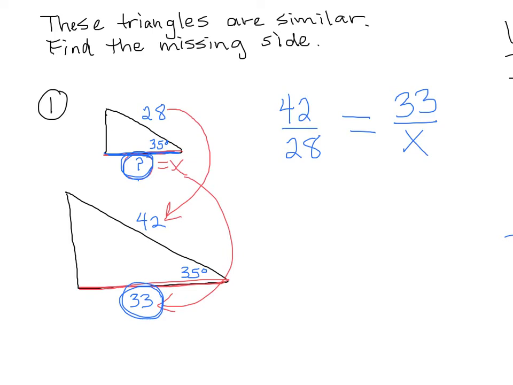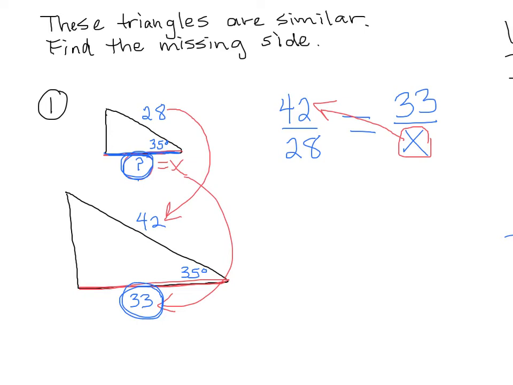And the easiest way to solve a proportion, because now we have this x variable in the denominator, okay, and we need to get x out of the denominator, this is where we can cross multiply. I can multiply both sides by this x. Okay, so I'm going to end up multiplying this 42 by x, so it gets out of the denominator on the right.